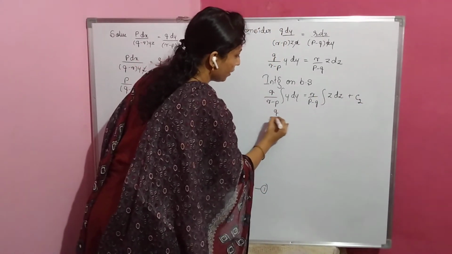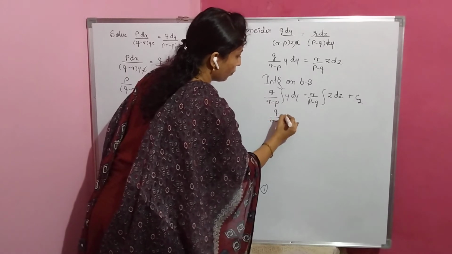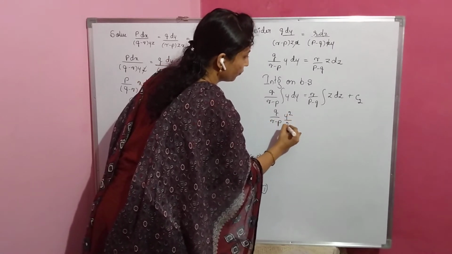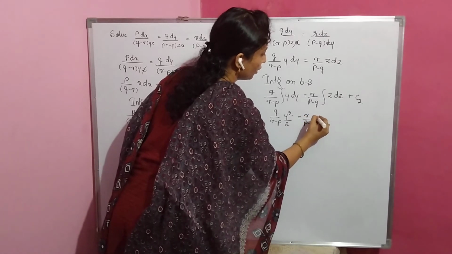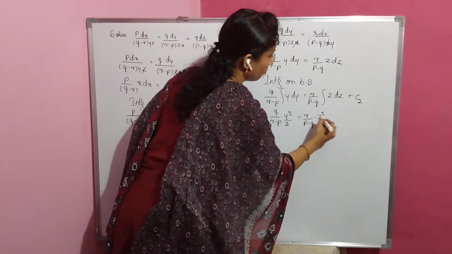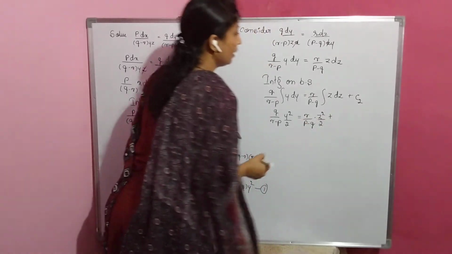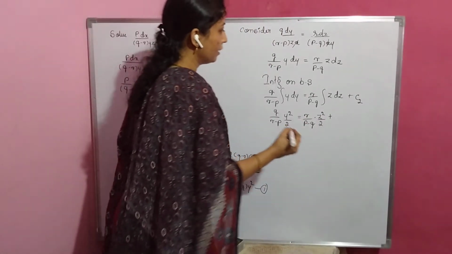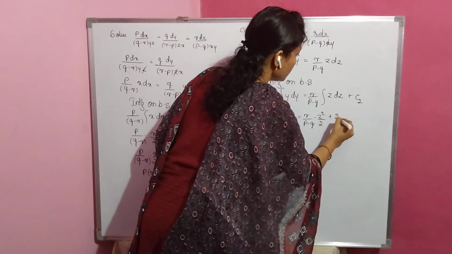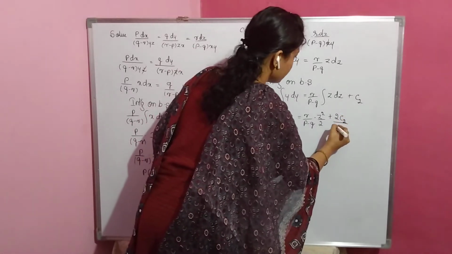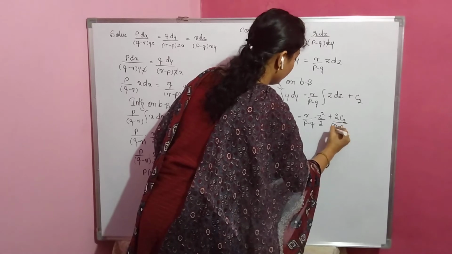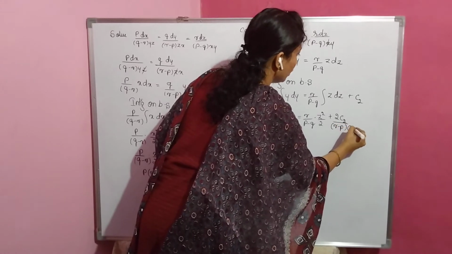Then q divided by (r minus p) into y square divided by 2 is equal to r divided by (p minus q) into z square divided by 2 plus integral constant, which can be replaced by 2c2 divided by (r minus p) into (p minus q).